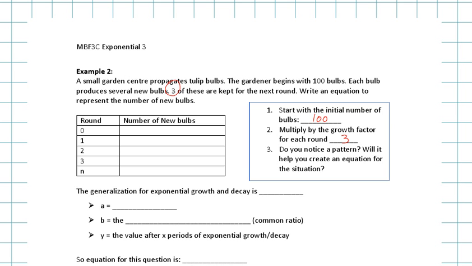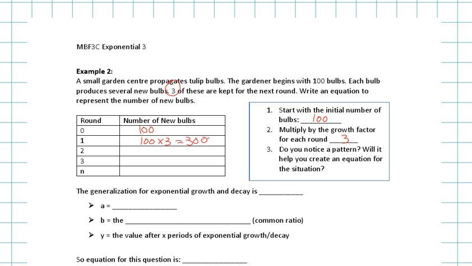Good. So, my first round, how many bulbs did I have? 100. After my first round, how many do I have? 300. So I multiply the 100 by 3, I get 300. I'm going to write that. The second round, what do I have? 900, right?